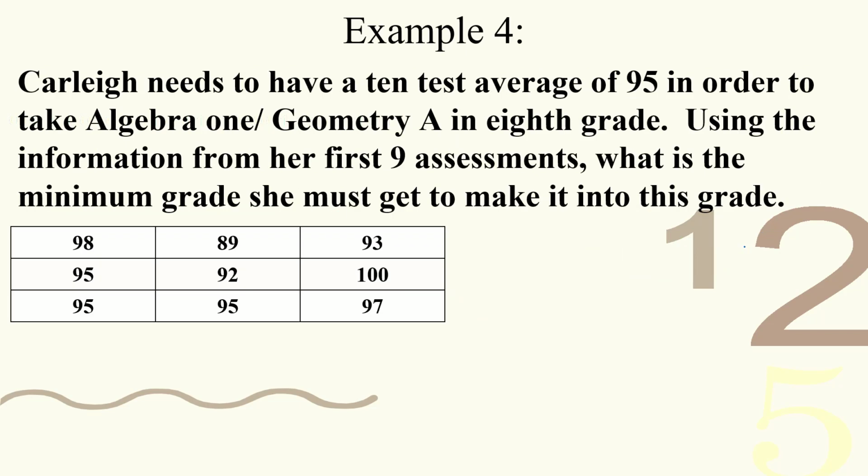Carly needs to have a 10 test average of 95 in order to take Algebra 1 in 8th grade. Using the information from her first 9 assessments, what is the minimum grade she must get to make it into this grade? All right, we're looking at averages in this particular problem.